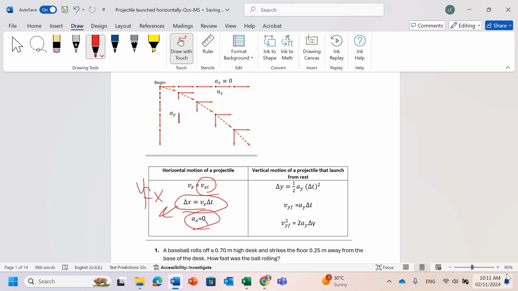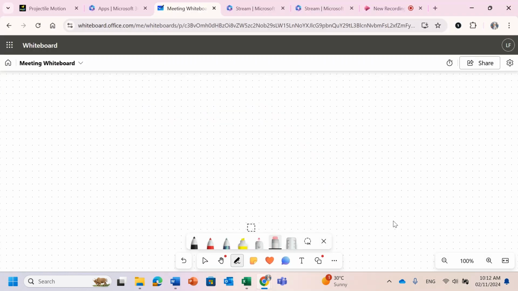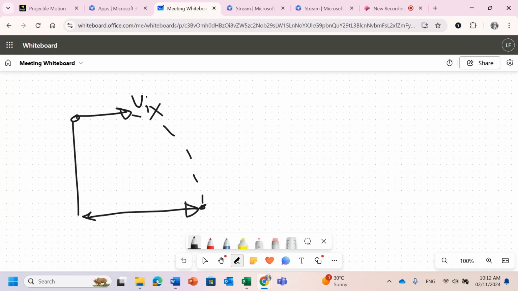So if you have a projectile launched horizontally, because today we'll focus on projectiles launched horizontally, this will be the height of the projectile. This is the initial speed or velocity in the x direction, and it will land, it's parabolic, for example here. The horizontal distance, delta x, is always in the horizontal x direction.